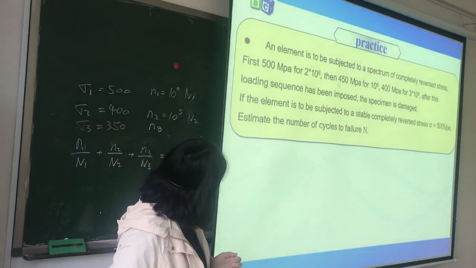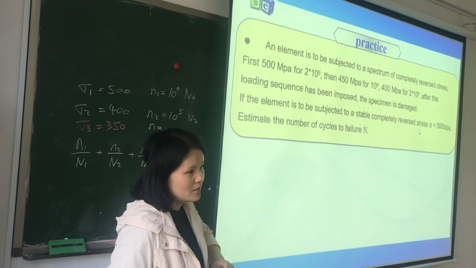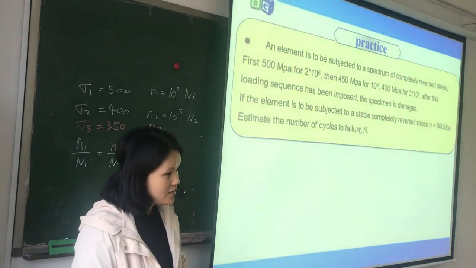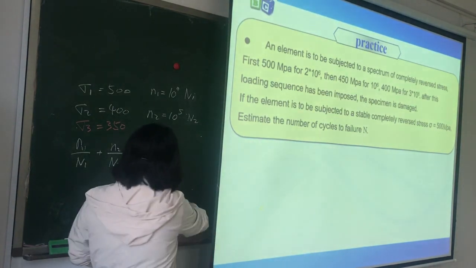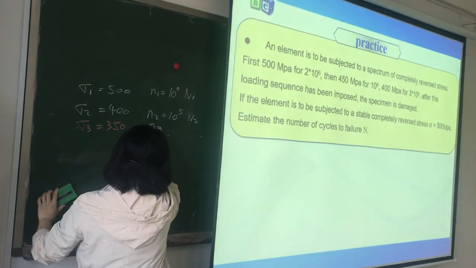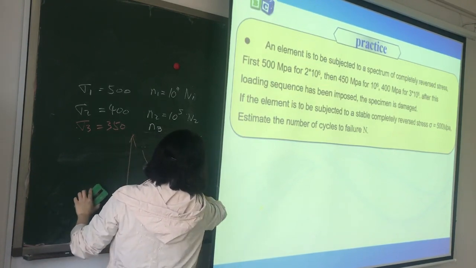This is for a spectrum of completely reversed stress, and this is for a stable one. We should calculate the number of cycles to failure N for the stable completely reversed stress, on the S-N curve.